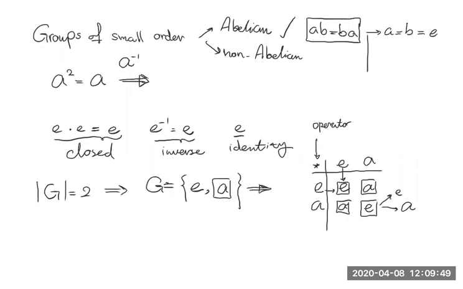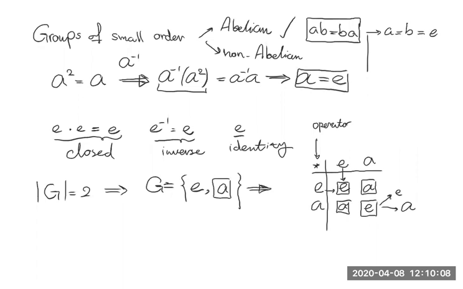It doesn't matter what A inverse is, but multiply both sides by A inverse. On the left-hand side, we get A, because A inverse times A squared is A. On the right-hand side, we get E, so A equals E. It's a contradiction, because then this group wouldn't have two elements. If A and E are the same, G would have only one element. And that's not correct.